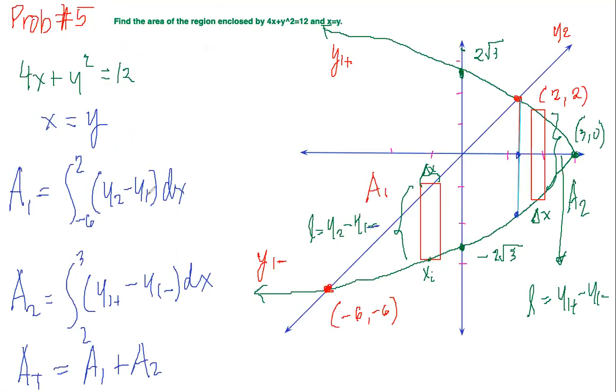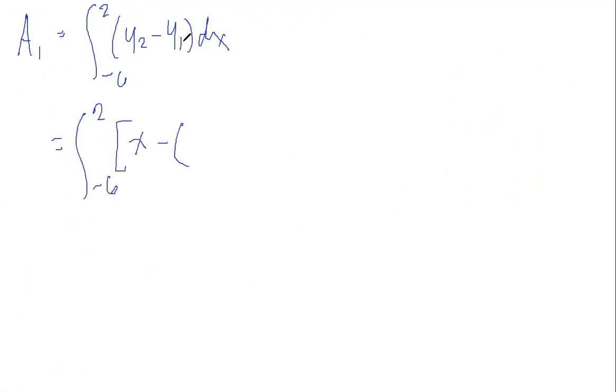As we can see, this is the minus, the negative part. Okay, let's be specific. Let's go back. This is the minus, and we don't have y sub 1 minus yet. So how do we solve for y sub 1 minus?